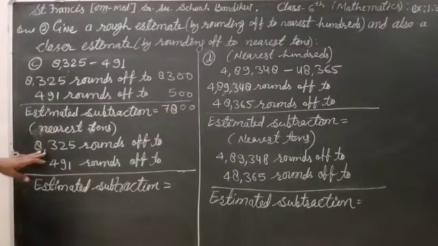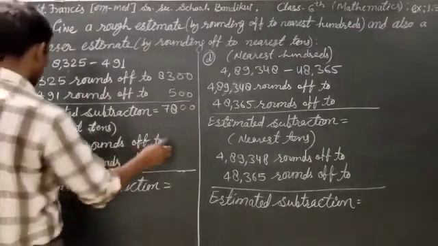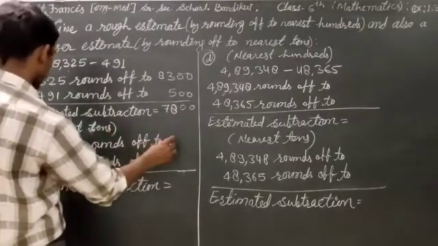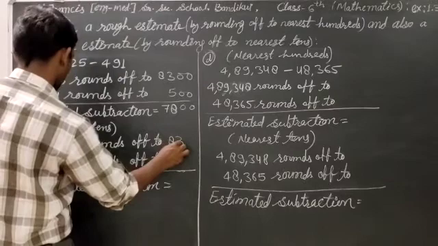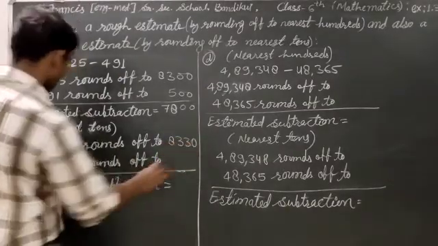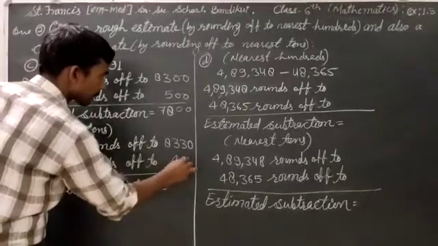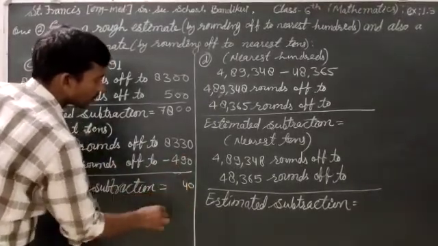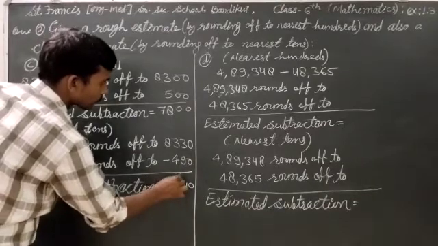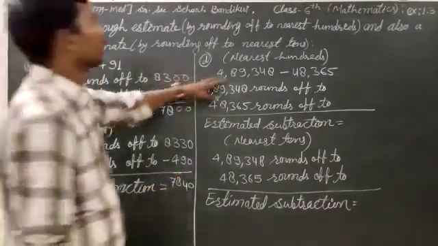In the nearest tens, 8,325 rounds off to 8,330, and this will be 490. The estimated subtraction will be 7,840.